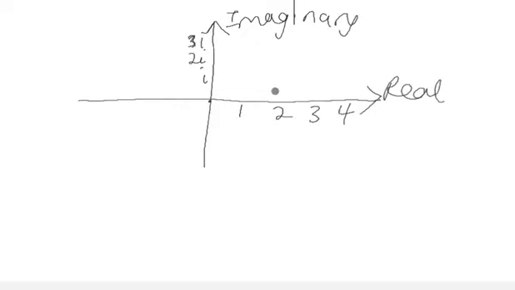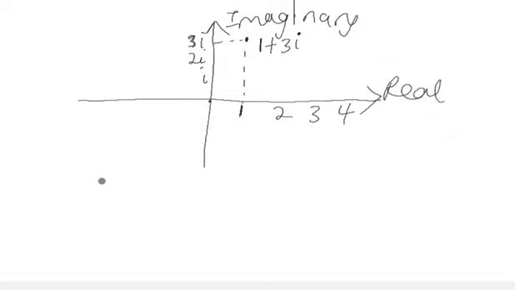So here we have 1, and then we have 3i. We plot this and join this to this. So this is 1 plus 3i, the real part plus the imaginary part. This is the graphical description of the complex number 1 plus 3i.